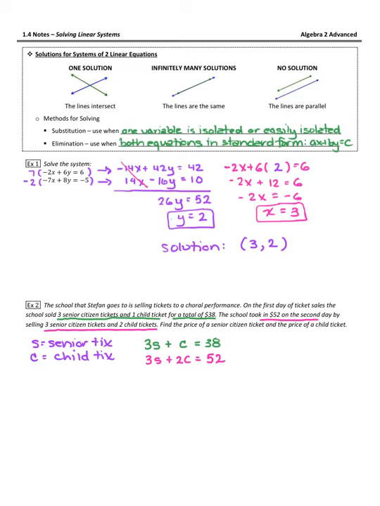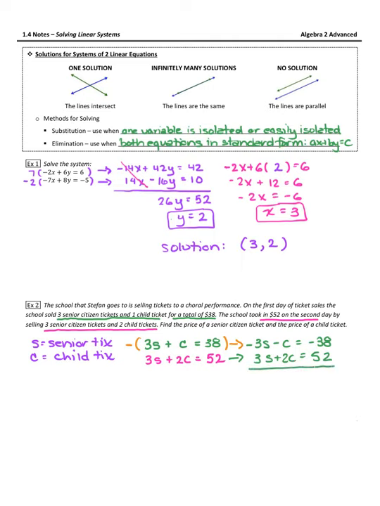So what I'm going to do is multiply the top equation by a -1, so that I can then add these two equations together. So negative 3s minus c equals a negative 38. Here we still have our 3s plus 2c equals 52.